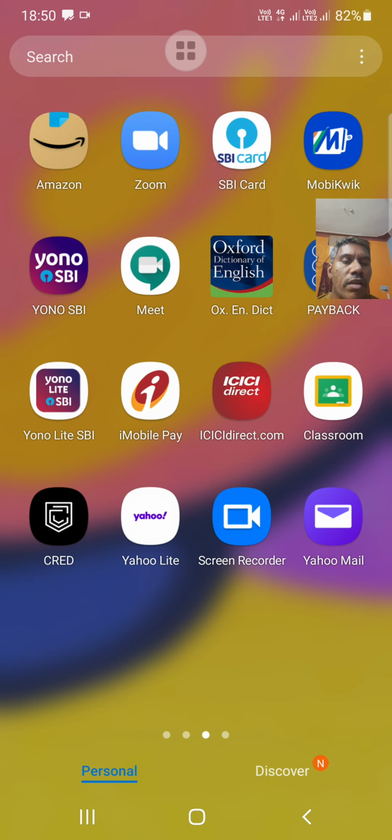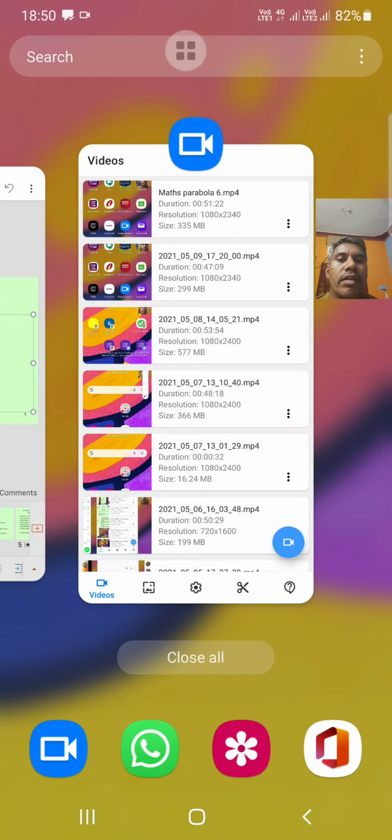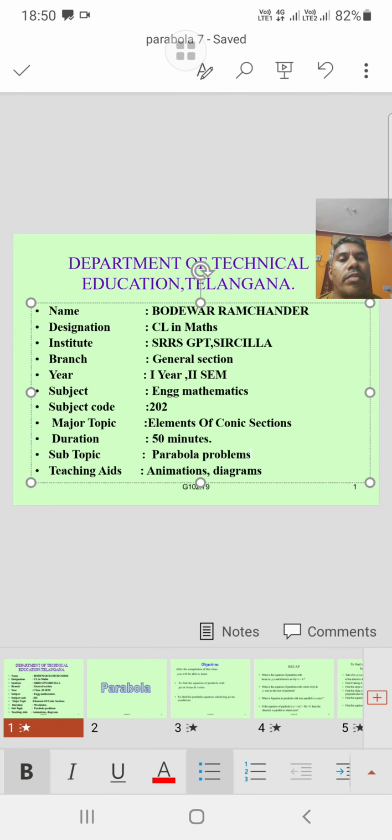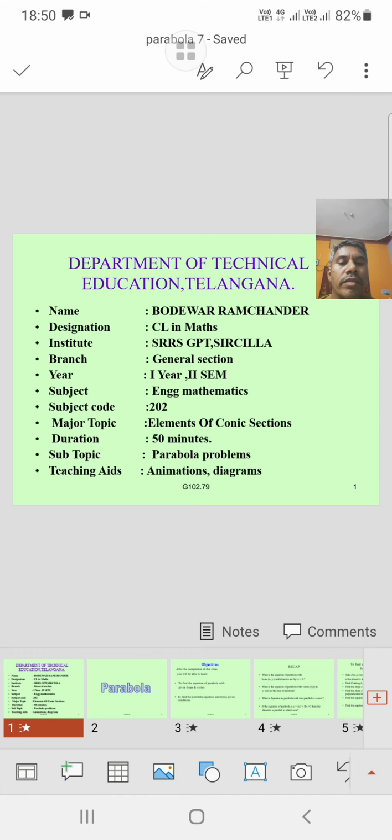In the previous class, we discussed the parabola and its forms and some problems. Today, we will also learn some more problems related to the parabola, different types of problems.